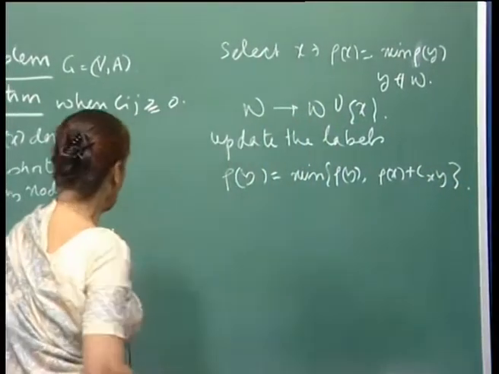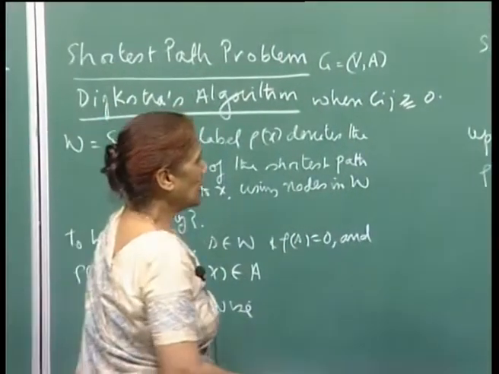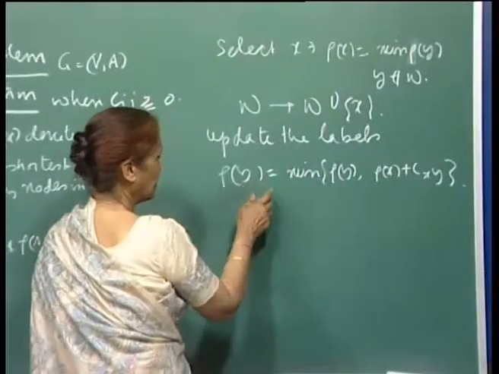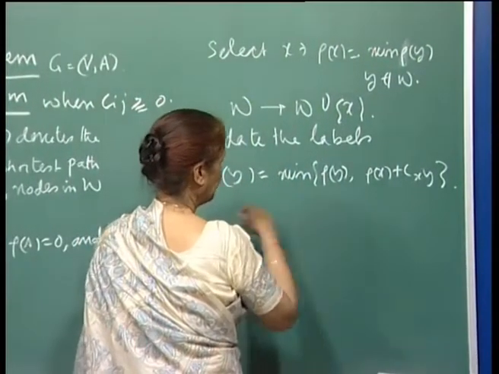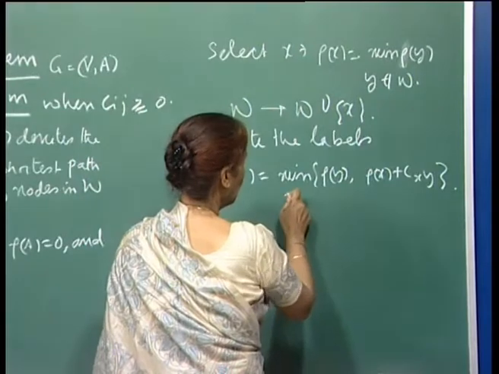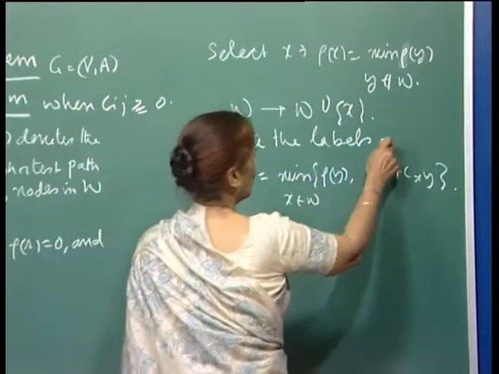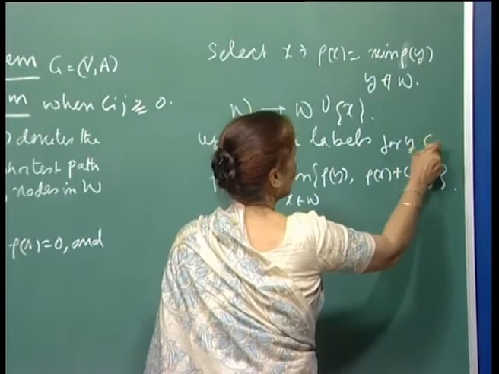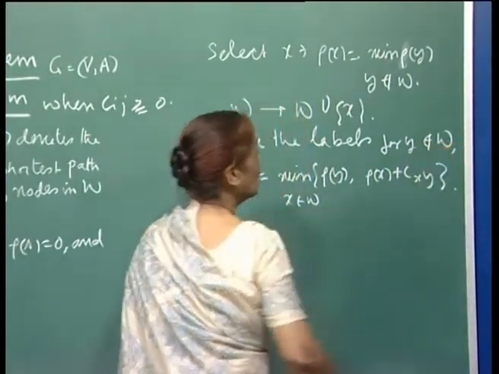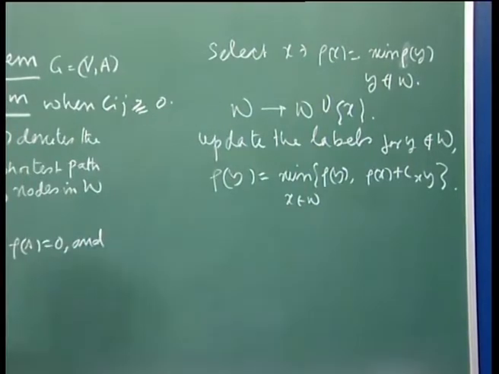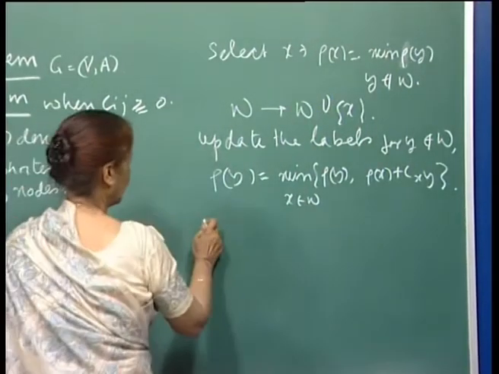That means you update the labels for every y, for all x belonging to W. Update the labels for y not belonging to W. Then you do it this way, and continue with the algorithm.